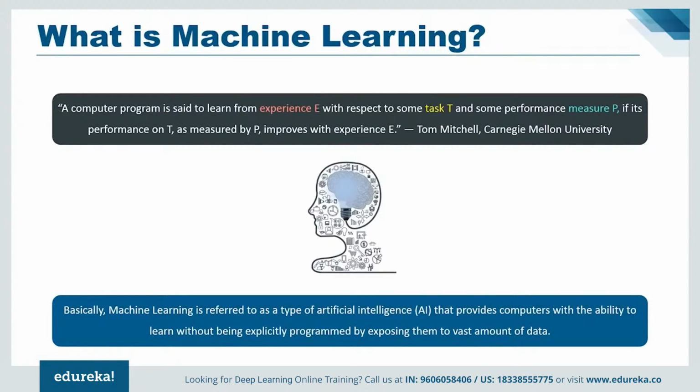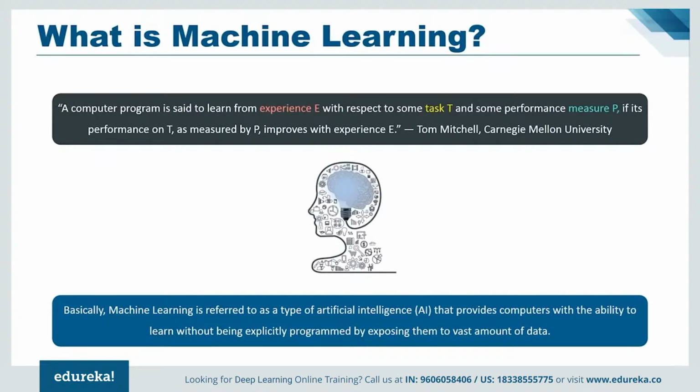He says a computer program is said to learn from experience E with respect to some task T and some performance measure P if its performance on T as measured by P improves with experience E. Now this might seem a little confusing, E, P, and T. So if you want your program to predict the traffic pattern at a busy intersection, let that be the task T. You can run it through a machine learning algorithm with data about past traffic patterns, that is the experience E. Now, the accuracy of the prediction, which is the performance measure P, will depend on whether the program has successfully learned from the dataset, the dataset being the experience E.